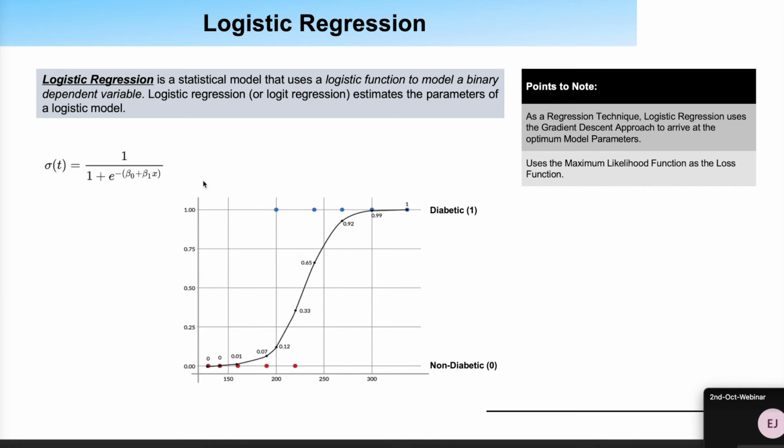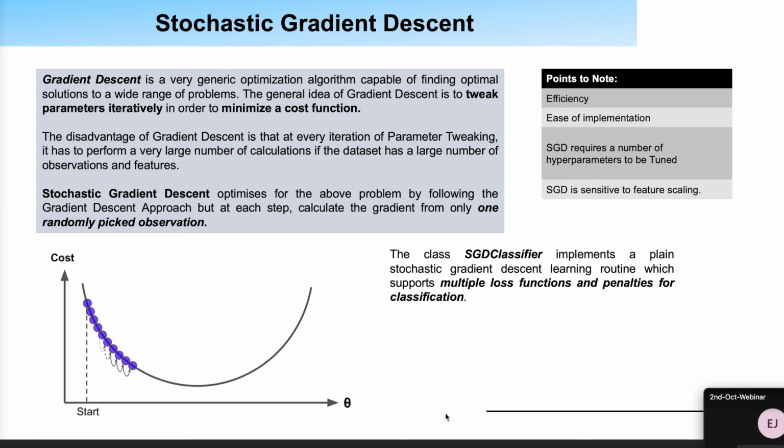And what is the goal of your cost function? The algorithm's goal is to create a model with the optimum values of beta 0, beta 1, beta 2. So the cost function is used to find out the optimum combination of the model parameters.